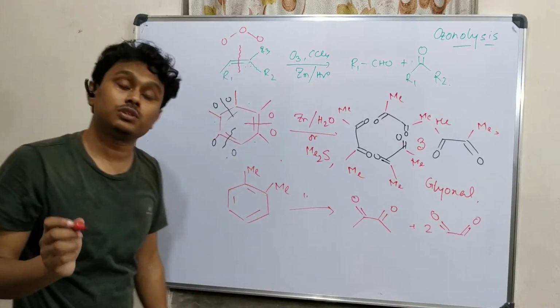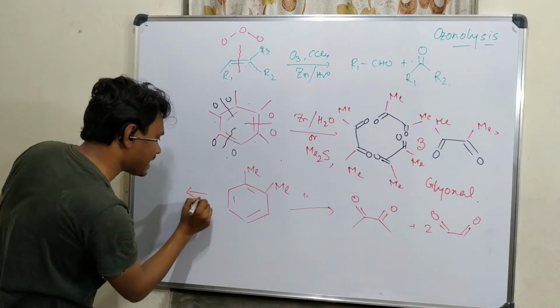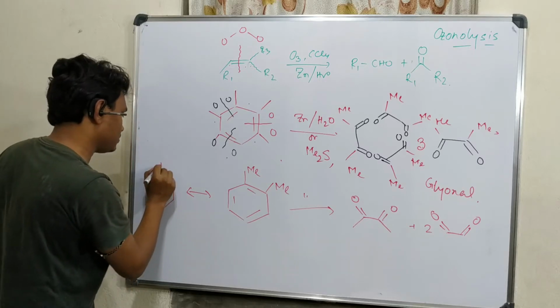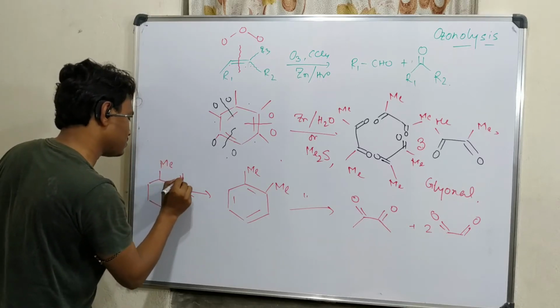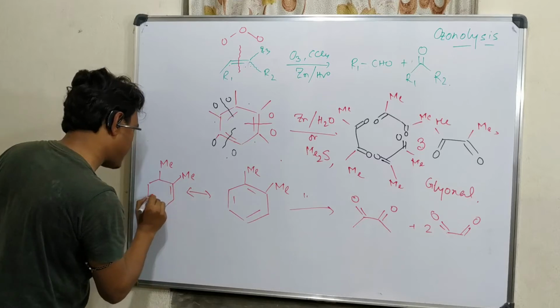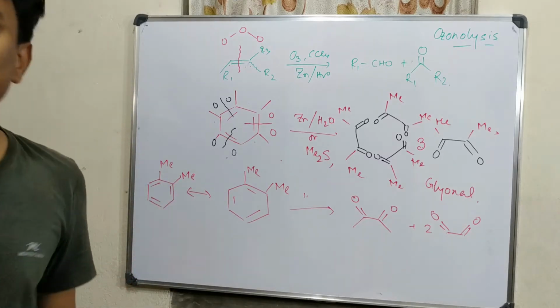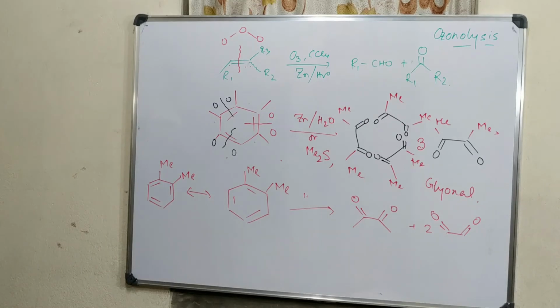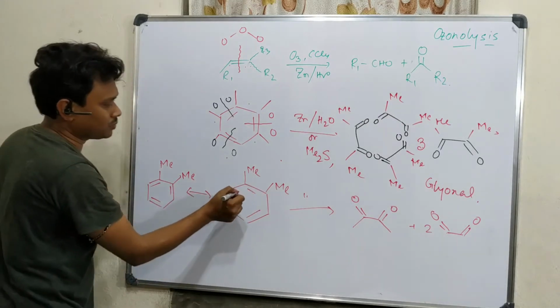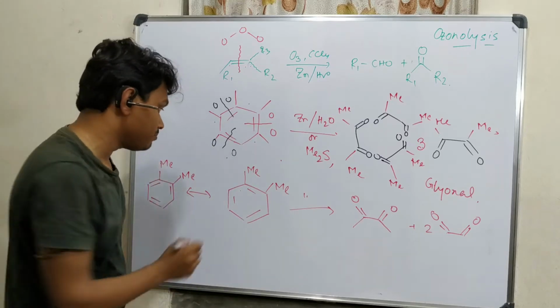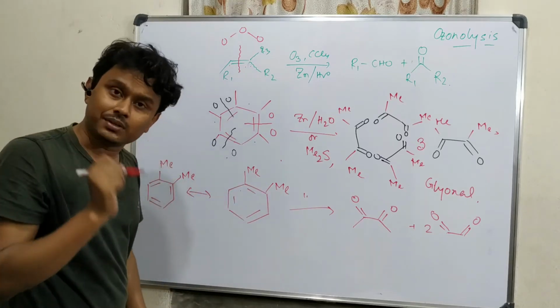But this is not actually true, because this benzene has a canonical form. This means the double bonds are scrambled, spread over. The double bond is not actually here. Benzene is completely delocalized. Bond order is 1.5 between each carbon and carbon.